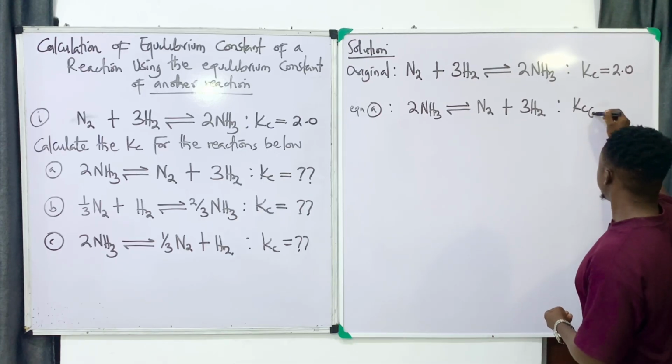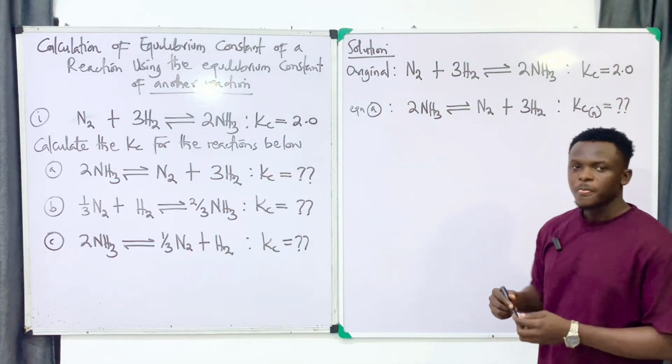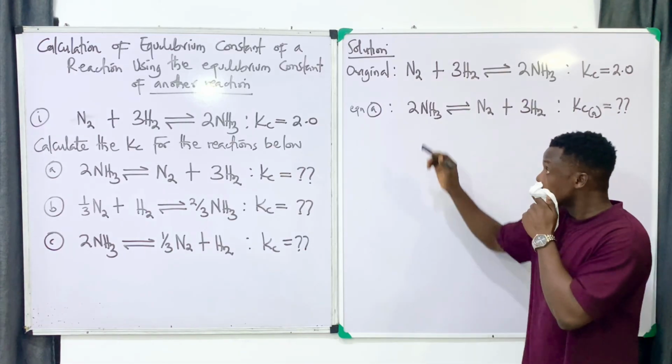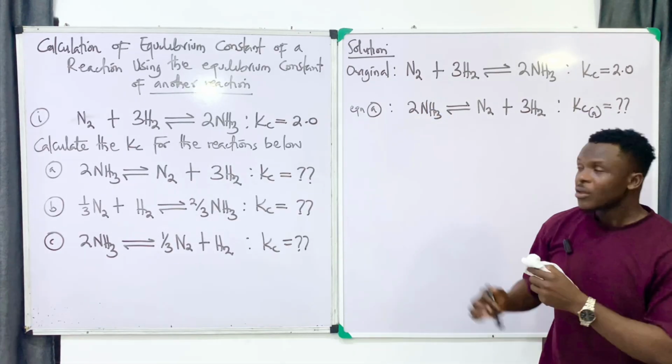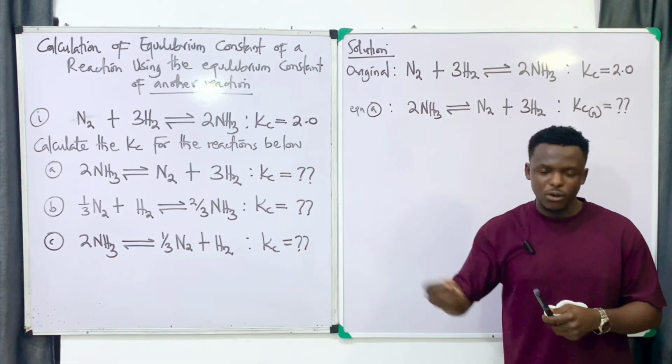So let's call this one A. Now let's put a subscript A to denote this equation. Now class, look up. What is the relationship between the original equation and this equation? Class, listen. Why do I call this one original? Because it is the equation for which they gave us the equilibrium constant.